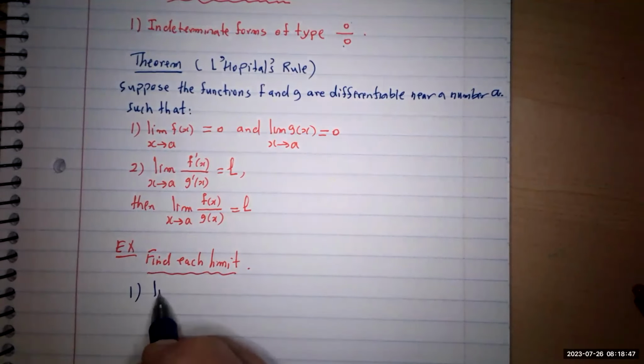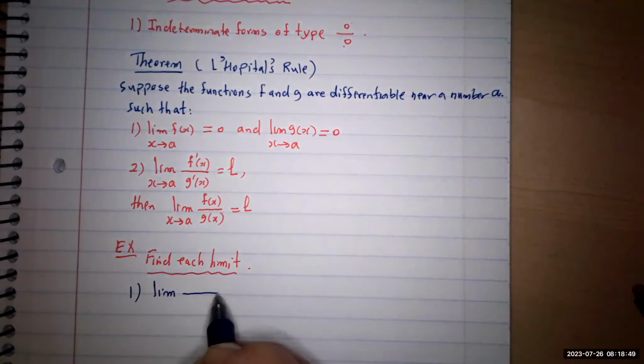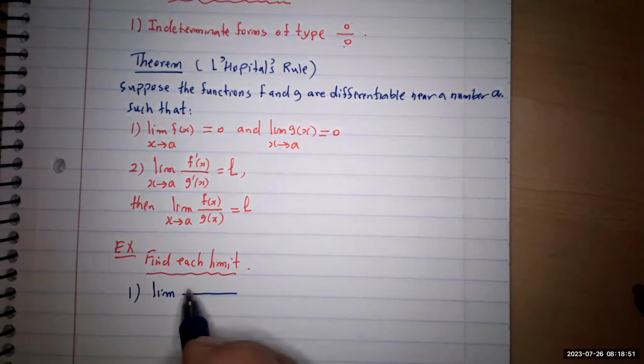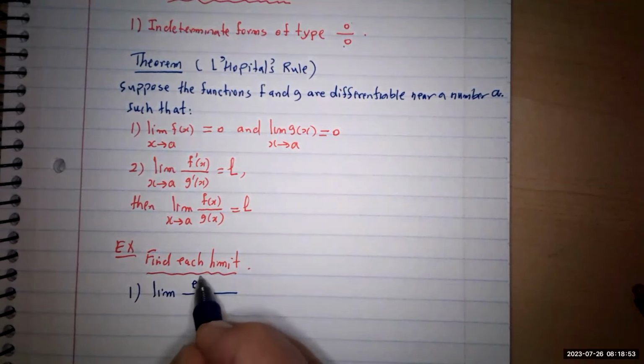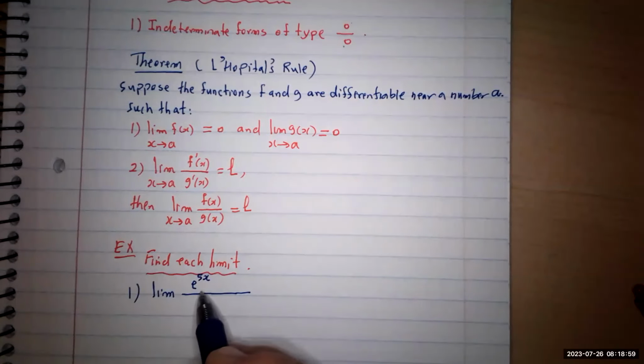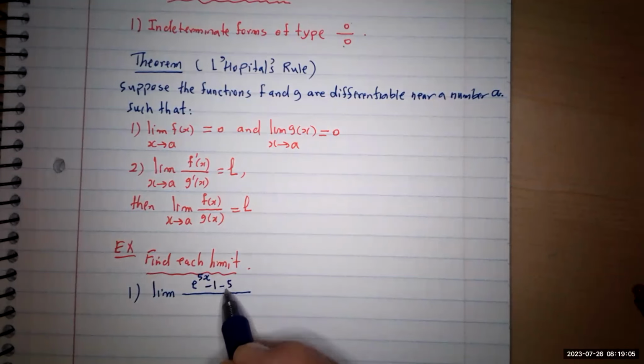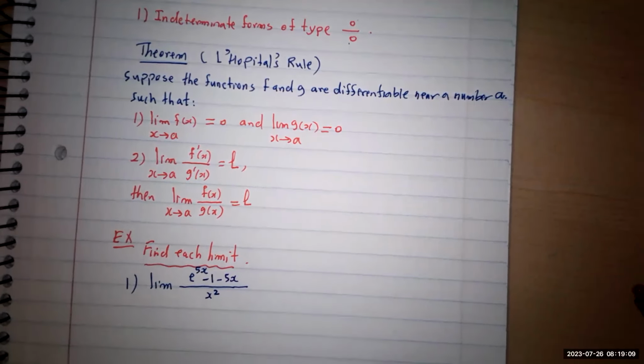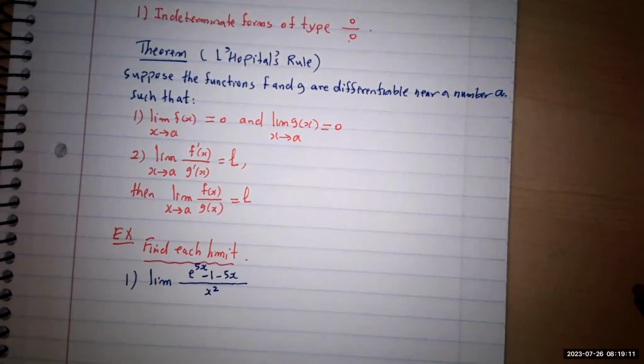You want to find the limit of, for example, e to the 5x minus 1 minus 5x, divided by x squared, when x goes to 0.